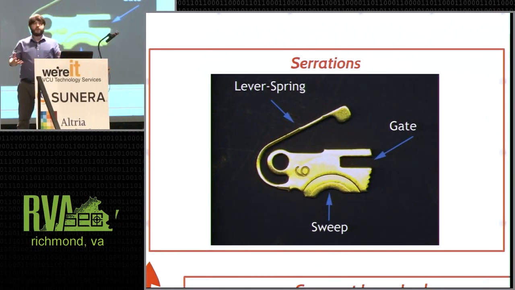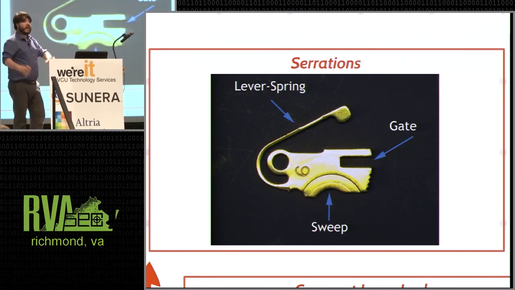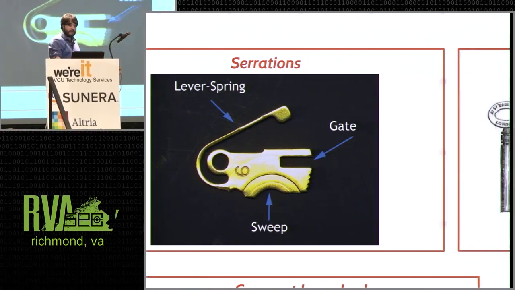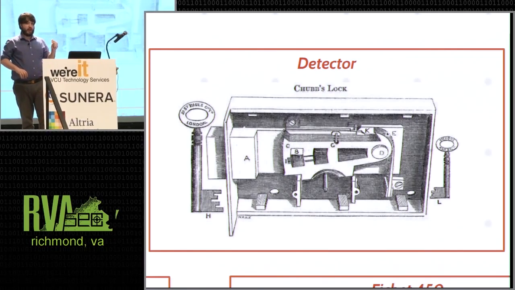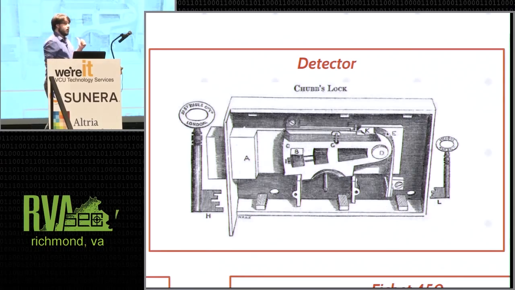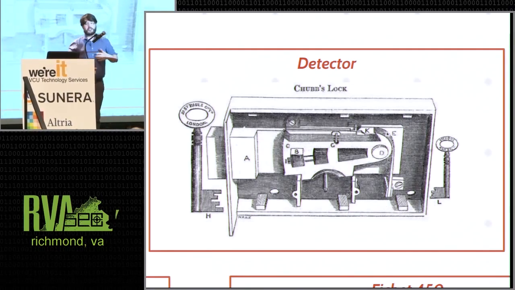So one of the things they try to do is add serrations to the lever tumblers, so that now as you're pressing, the tumblers into the post will catch on these serrations, and it'll be much harder to feel where the true gate is. Now that doesn't completely defeat us, but it does buy everybody a little bit of time. Additionally, we see our first detector locks, where we will know whether or not the lock has been attempted to be opened, and it will lock the person out from making any additional attempts.